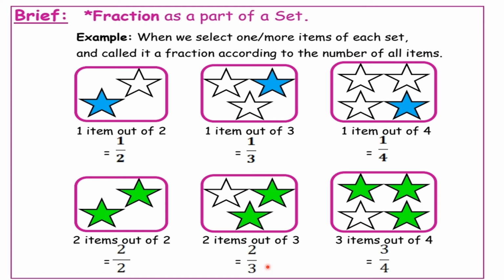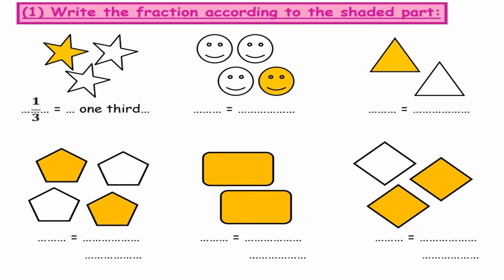It's 2 out of 3, it's 2/3. I have here a set of 4 stars and I colored 3 stars of it, so I have 3 items out of 4, so I have 3 from 4, 3/4.